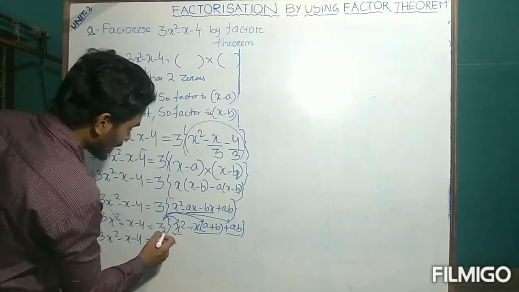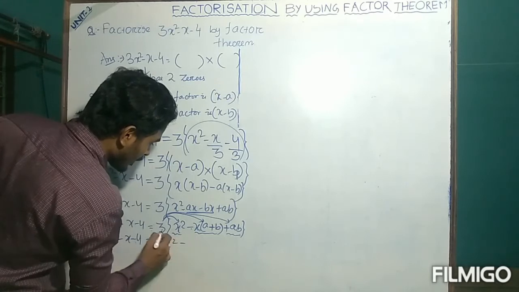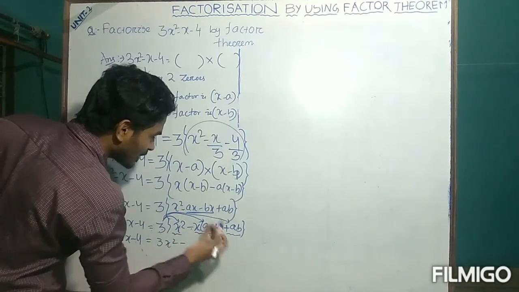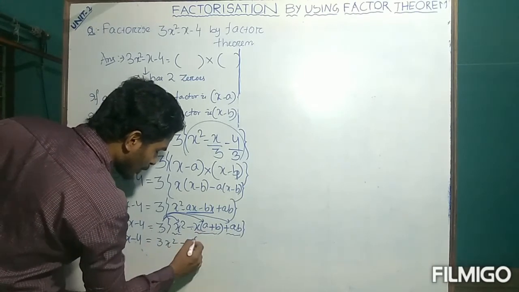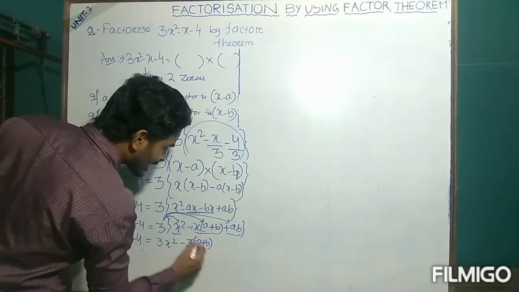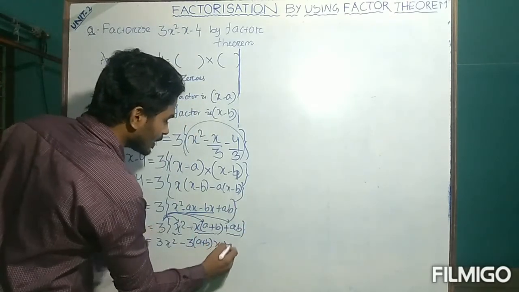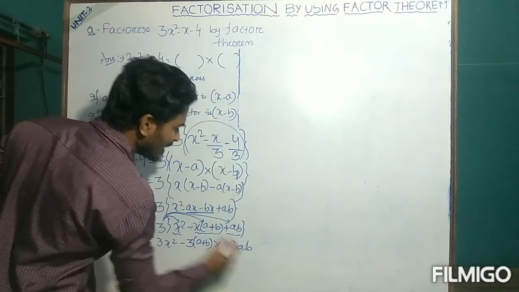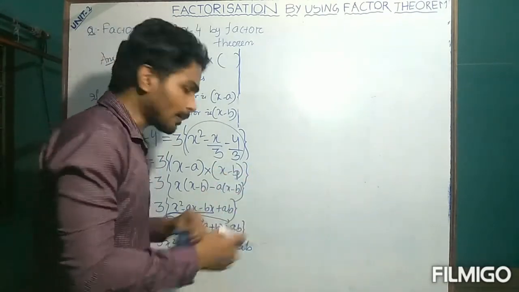Okay. Similarly, 3 is multiplied with the second term. It will be minus. First write down the constant term, then you will write the variable term. Here the constant is 3, a plus b is also constant, and x is the variable. Now when 3 is multiplied with the third term, it will be 3ab. Now it is completed, the multiplication is completed.